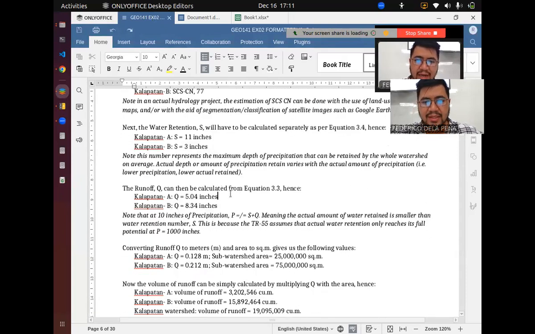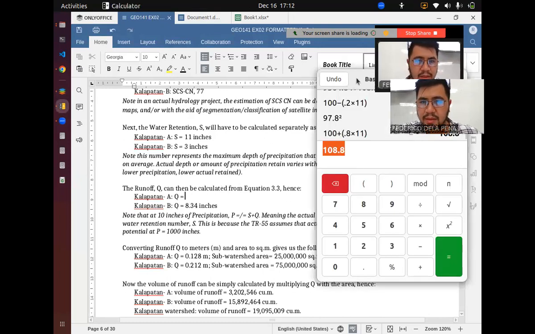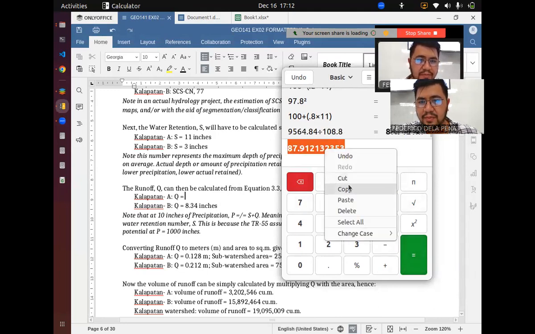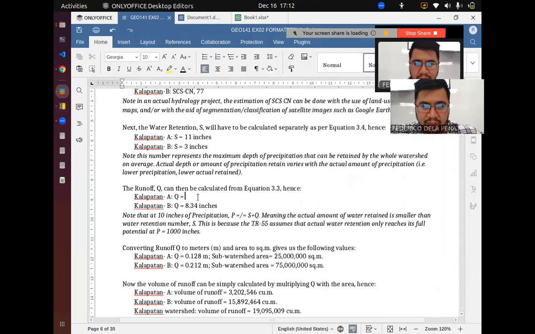The value here actually is 87.92 inches of runoff.